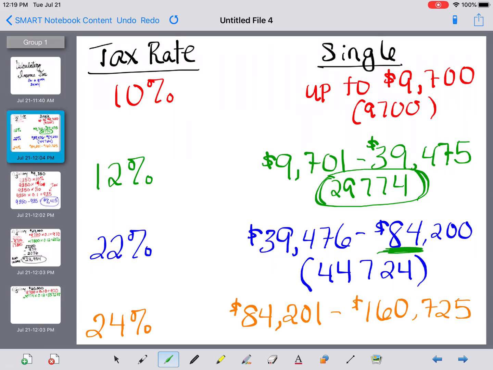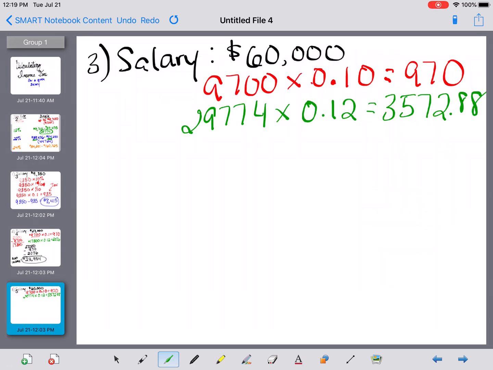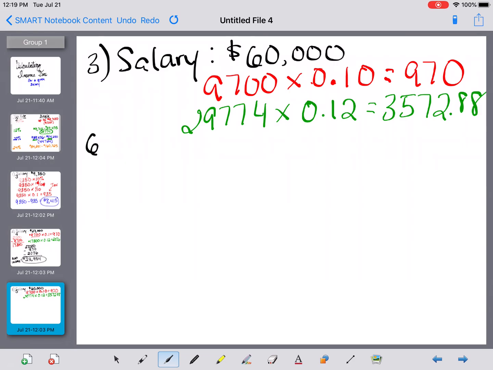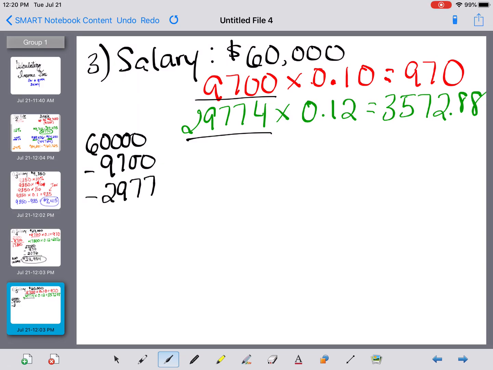All right, and we're still not at 60,000 because 60,000 is included right in here. It's less than 84,000 but greater than 39,000. So we have to use this range here too. We need to find out how much money we have left that's going to be taxed. So now I'm going to do some subtraction. I'm going to do 60,000 and take away the two numbers that I've already used, this 9,700 and this 29,774, to find out what I'm left with.